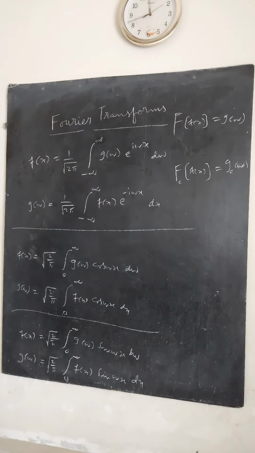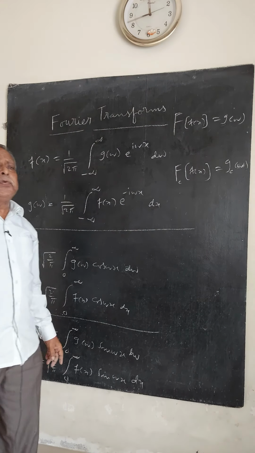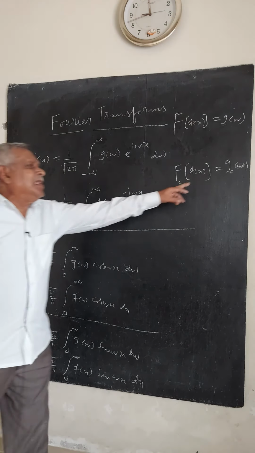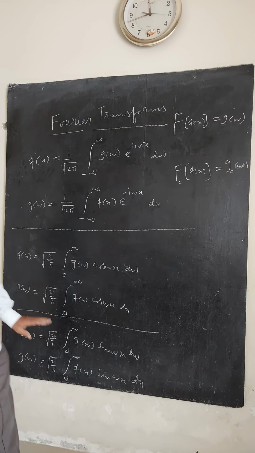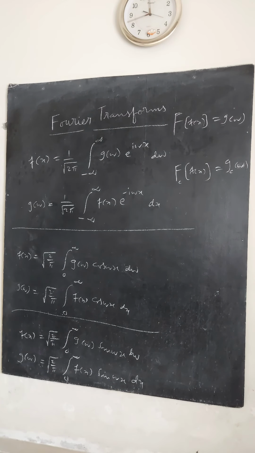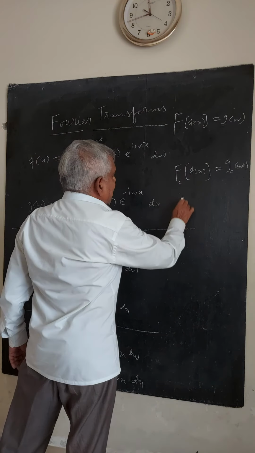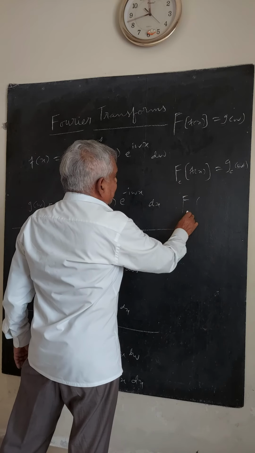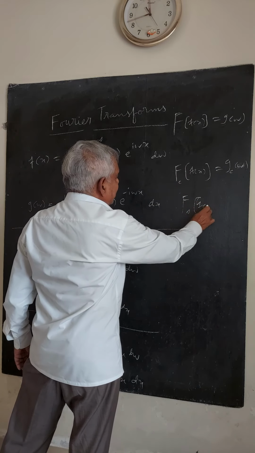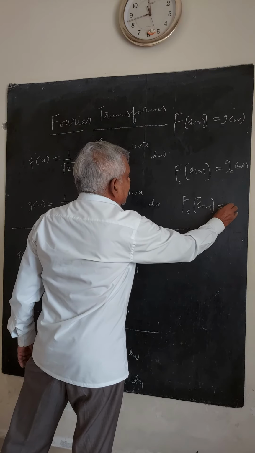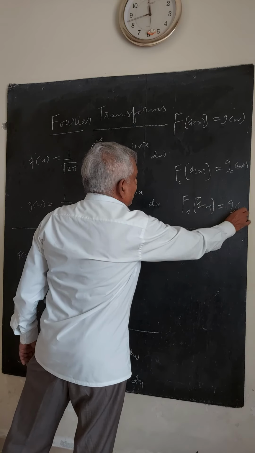If you write like this, it will confuse you when you are doing harder sums. Similarly for the sine transform of f of x, they may write Gs of omega.